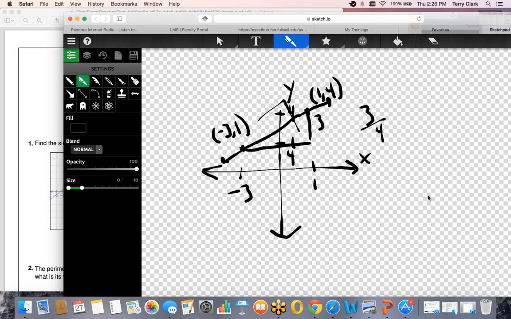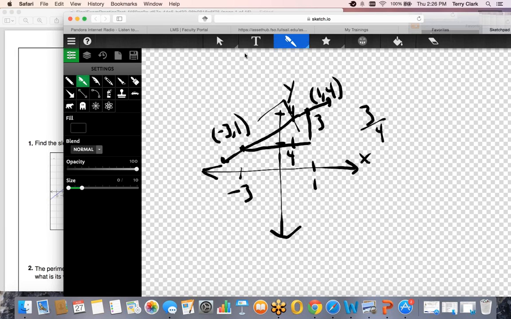And then, of course, I'm going to stretch it out a little bit. 1 minus negative 3 is the same as 1 plus 3, which would then end up being 3 over 4. So you still come up with 3/4 either way. Now, watching that slope, you can see it increase.